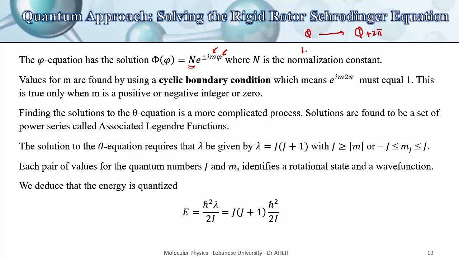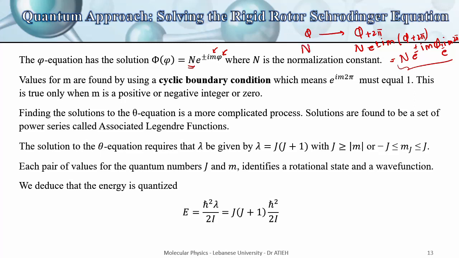We will get N e to the plus or minus i m times phi plus 2 pi, which is equal to N e to the plus or minus i m phi times e to the plus or minus i m times 2 pi.